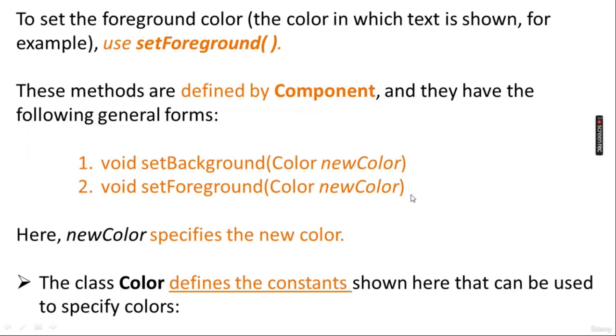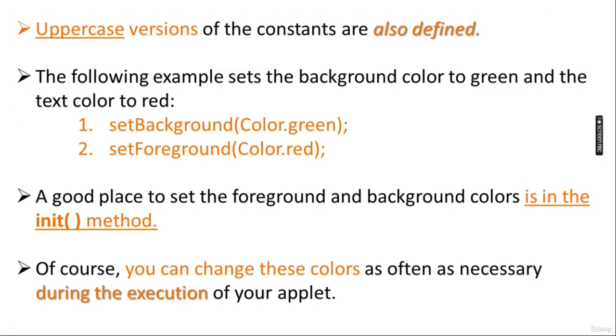So these are the default constants provided, inbuilt. You can use them directly as a color object parameter in setBackground and setForeground. Next, uppercase versions of the constants are also defined, so you can directly write Color.GREEN in capital letters.